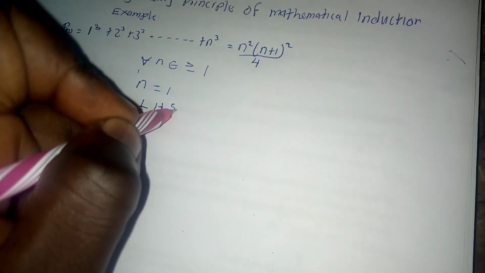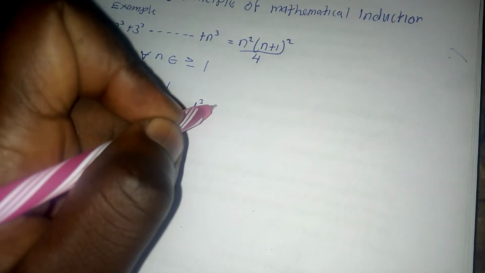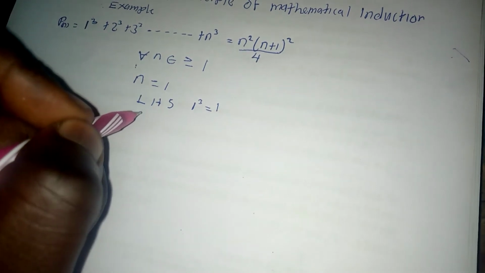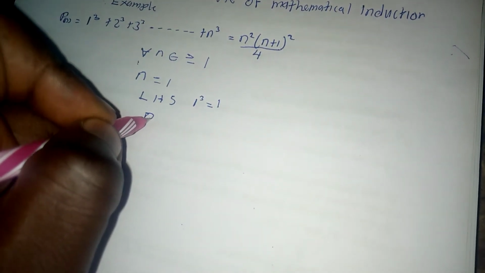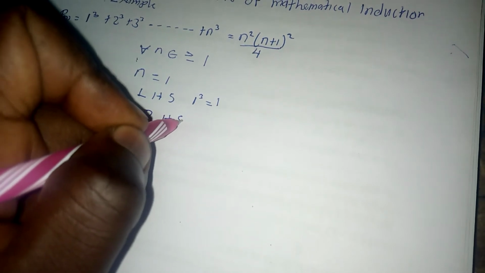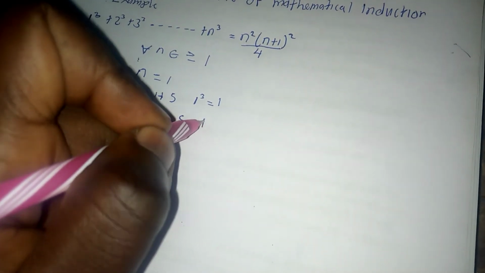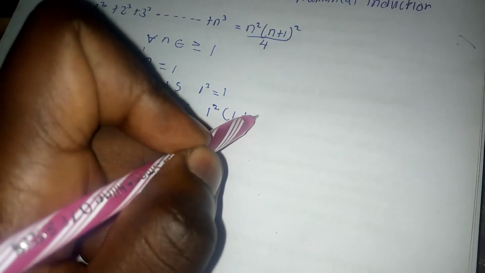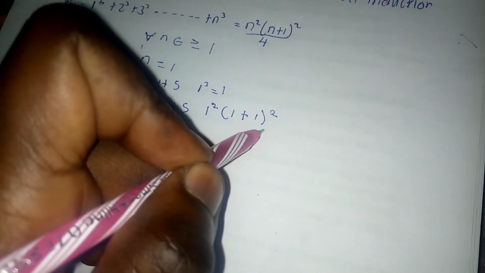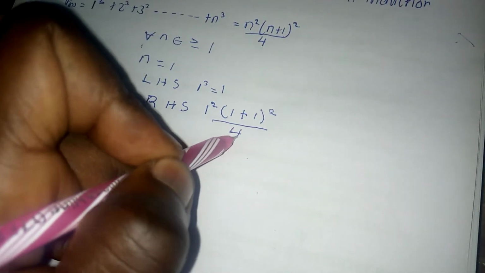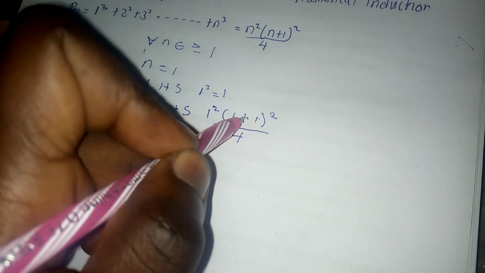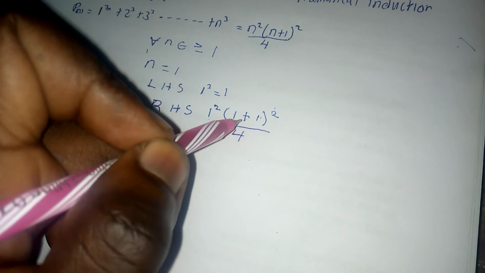That is equal to 1 cubed, which will just be 1. Now when we go to the right hand side, we will replace n with 1 into (1 plus 1) squared over 4. 1 squared is 1. 1 plus 1 is 2. 2 squared, that's 4. 4 will go with this 4.